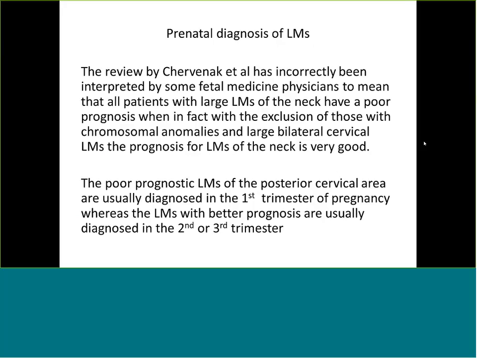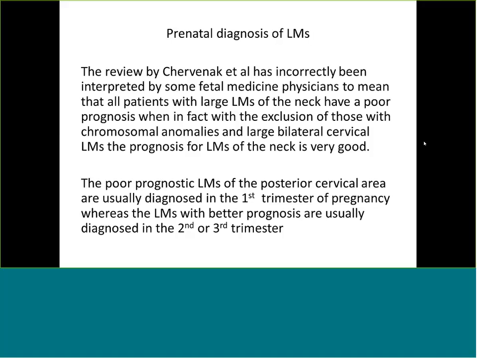So again, this is a paper that's more than 30 years old and has been used as an example of why these babies are going to have a lot of trouble if they survive the pregnancy. But in point of fact, as we'll go through, that's really not the case in most of the babies that we see.